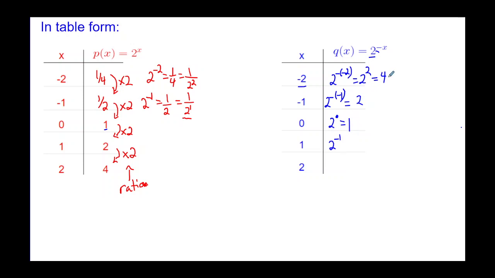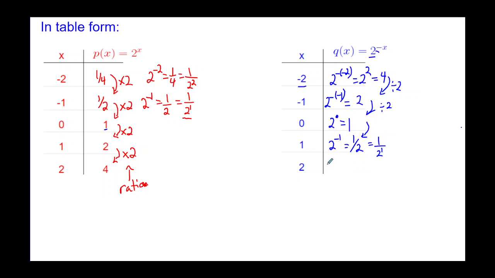Again, following this pattern, what are we doing as we go from top to bottom? Well, the common ratio here is a half, or divide by 2 if you want to look at it that way. So if we take this and divide by 2, 1 divided by 2 should be 1/2, which, as we said earlier, is 1 over 2 to the 1.